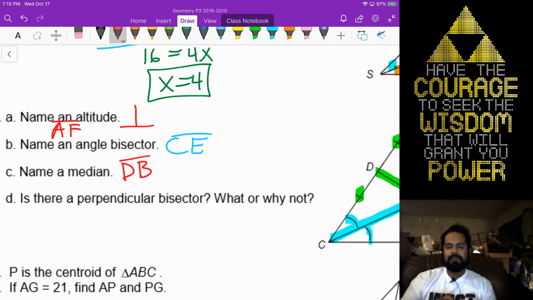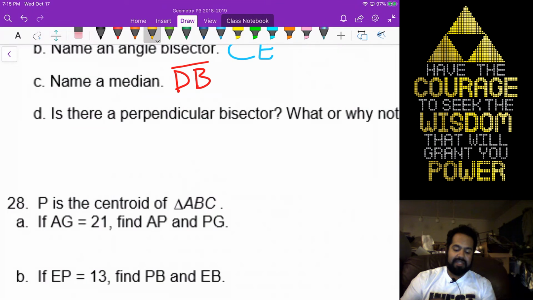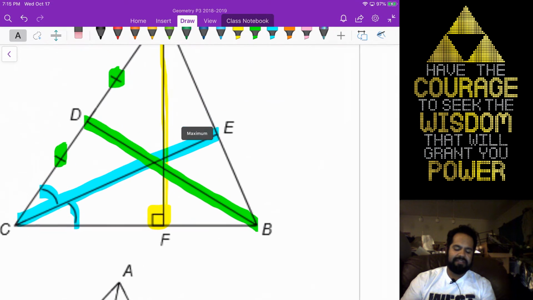Now, is there a perpendicular bisector? Well, remember, for it to be a perpendicular bisector, first off, you need that right angle, but not just a right angle, you need that side to get cut in half as well. Well, unfortunately, they're not both on the same spot.